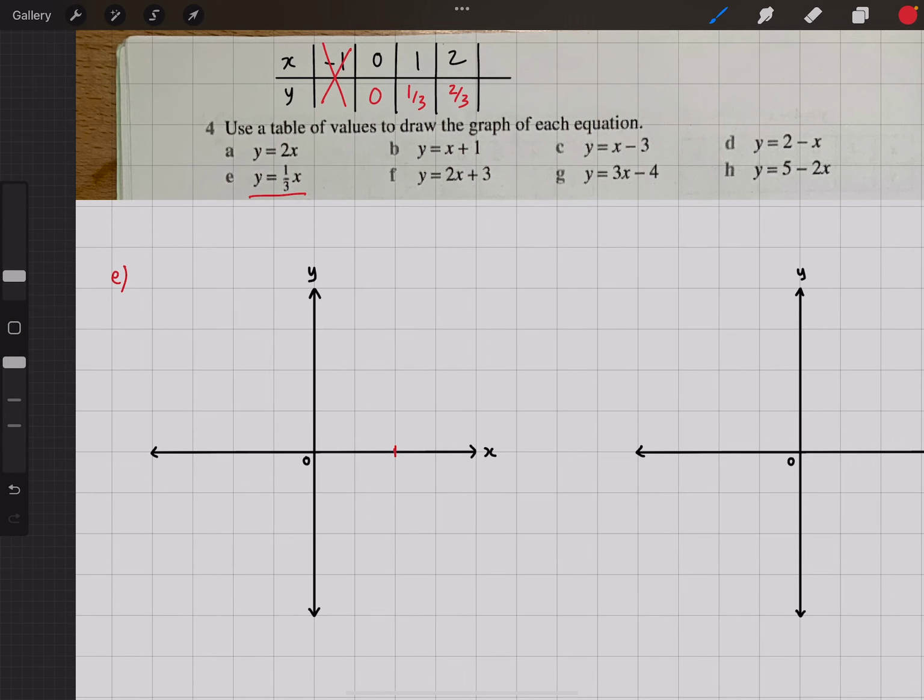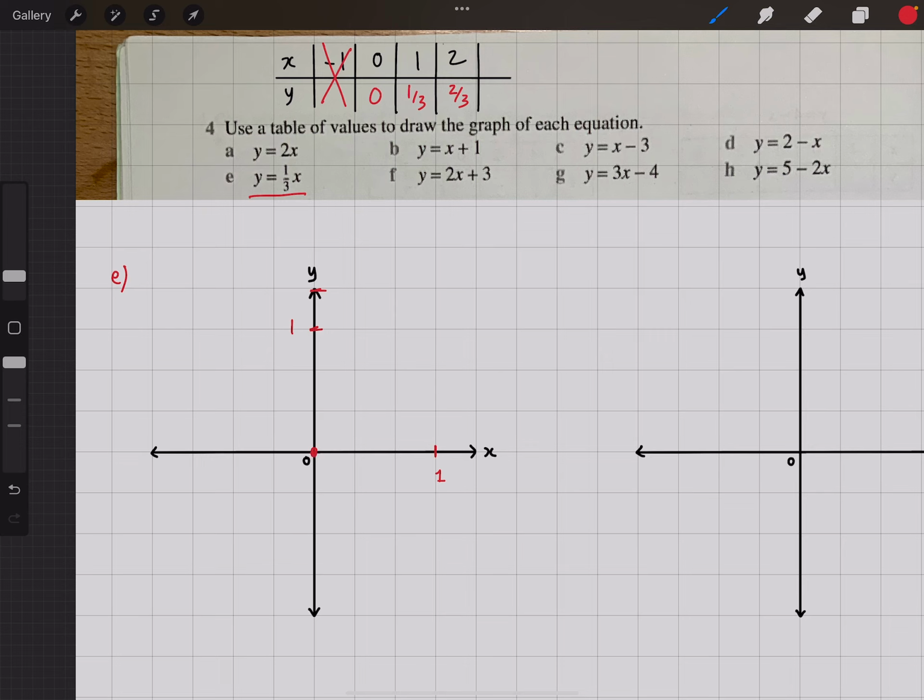Let's pretend this is 1. Wait, hold on. Yep, actually, let's pretend this is 1. And this will be 1, 2, 3. So this will be 1 here. 0. Okay, so when x is equal to 0, y is equal to 0. So there's your coordinate there.